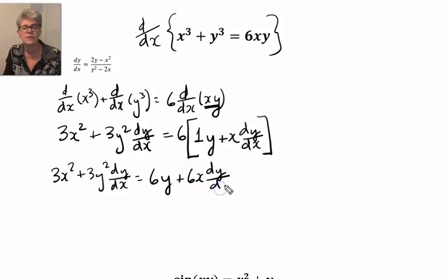Now, I want to solve for dy/dx, so everything we're doing after this is just algebra. You want to get dy/dx by itself on the left-hand side. That's the goal. So right now, this has a dy/dx in it, that term. I need to get it over to the other side. So I'm going to do that to both sides.